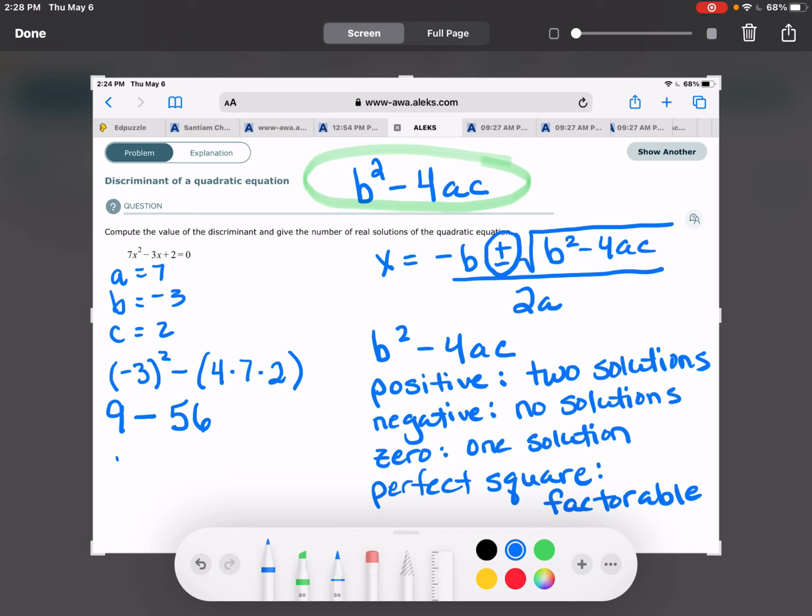And notice I'm going to get a negative number. I don't even really need to do that subtraction. 9 minus 56, or 9 plus a negative 56, is going to be a negative number. And so therefore, there are going to be no solutions because I won't be able to take the square root of a negative number.